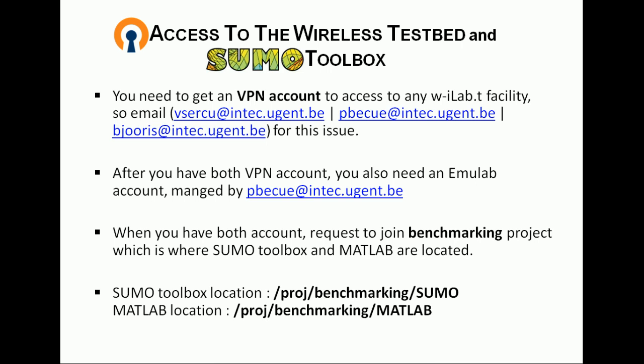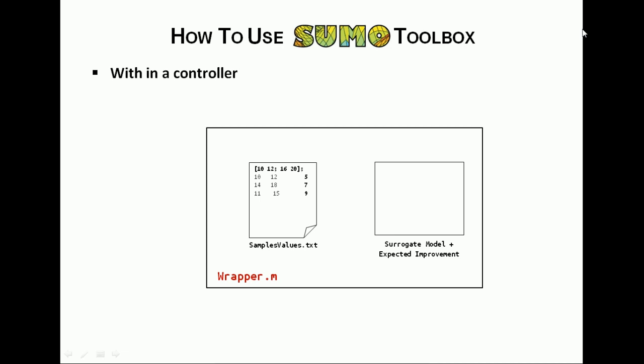Alright, we've mentioned earlier that the original SUMO toolbox has been modified so that it fits with the controlling framework. Due to this, there are two options that optimizing experiments can make use of. The first one is to use it within a controller of your choice.